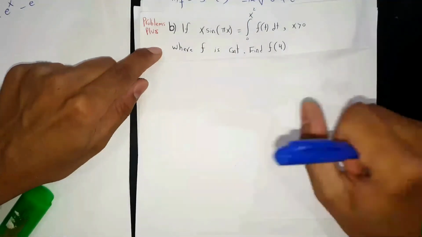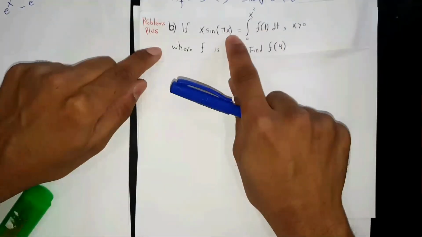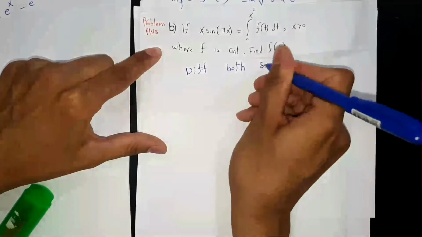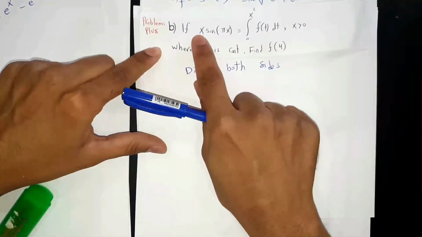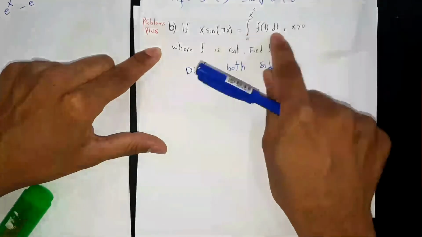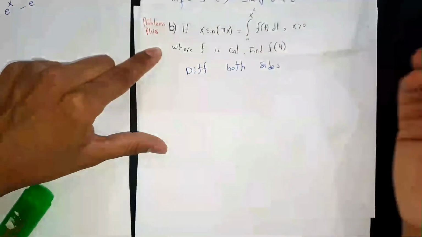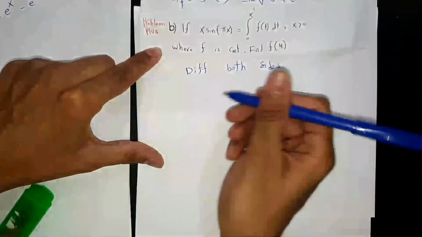How can you do it? You need to differentiate. For sure, you need to differentiate this side and this side. Differentiate both sides. Note, the left-hand side will be differentiated using calculus 1. But the right-hand side will be differentiated using math 102, calculus 2. So the derivative of the left-hand side will be what?